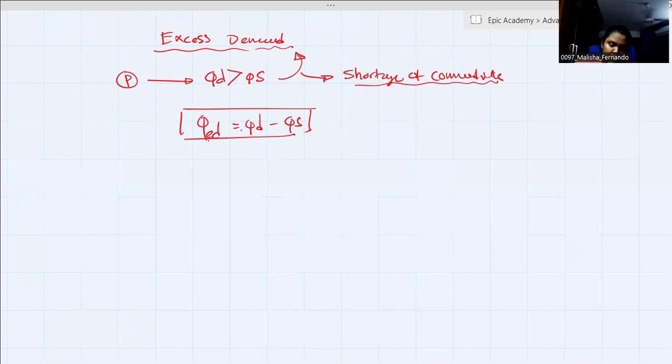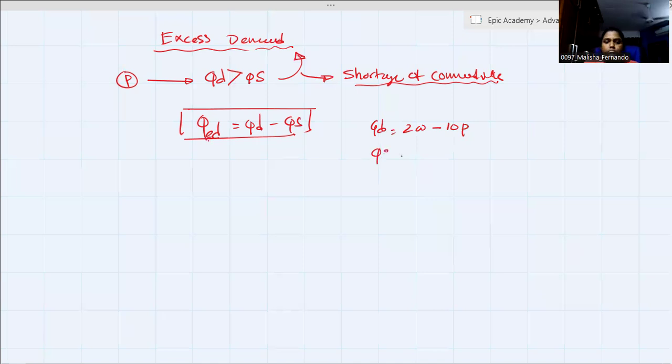As an example, just consider the equations I will give. Assume QD equals 200 minus 10p. This is the equation for the demand.